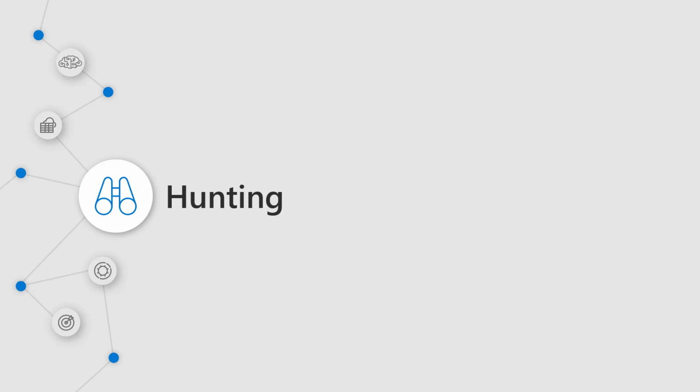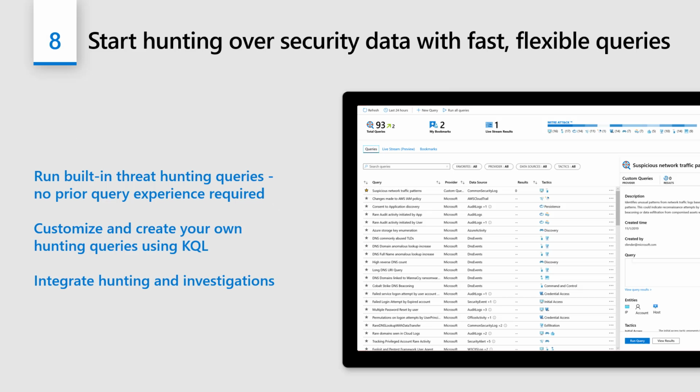We then move on to hunting, and built-in threat hunting queries built by both Microsoft and these thousands of community experts that have helped Microsoft develop this solution. And you can run them to hunt through your data that's been stored to pick up any potential threats or attacks that haven't been pulled out by your other alerts and connectors. You don't need the ability to write KQL, Kusto Query Language, to run these.